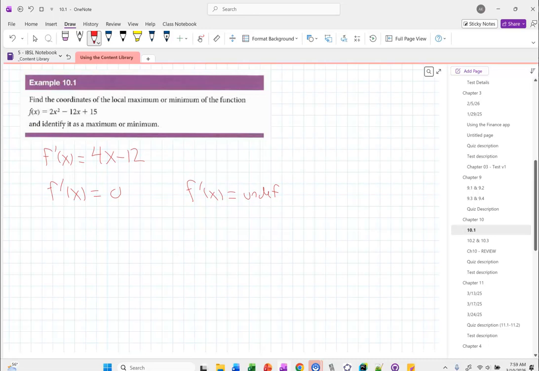Okay, more generally than that, it's a polynomial, right? The domain for any polynomial is all real numbers. Is there anything that's undefined then? No. So whenever my derivative is a polynomial, I know the answer to this piece is just, there's no x's over there.